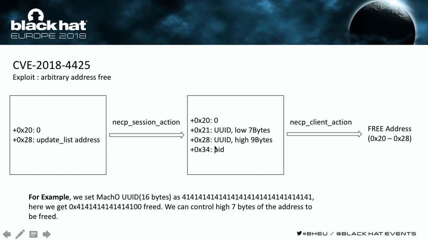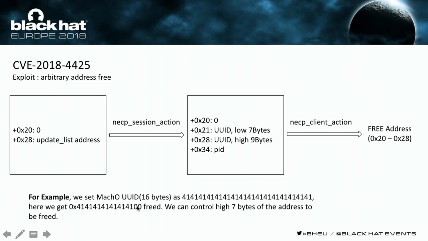Since we can control this UUID, we can set the macOS UUID, the 16 bytes, as A, and we can use this vulnerability to free address 4141414141 with first byte 0.